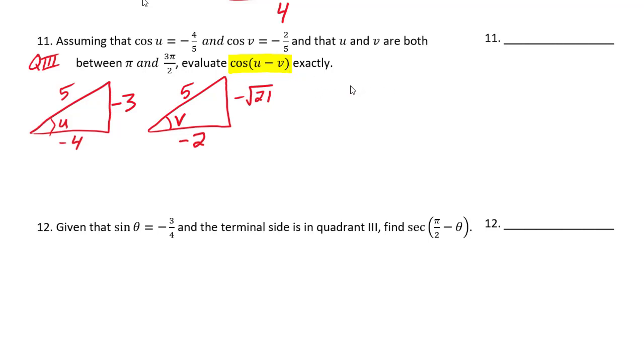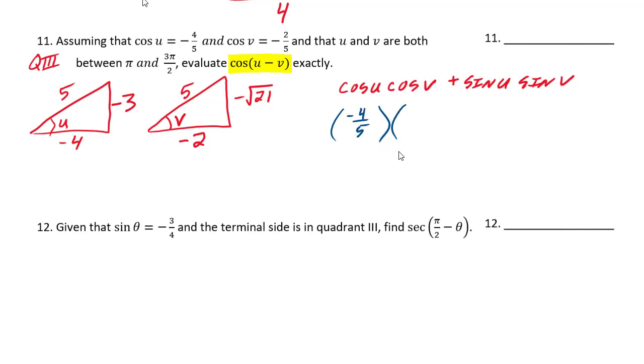Now for the cosine of u minus v, if I just write out what that formula is just using those letters, it would be cosine of u, cosine of v, minus, actually no, not minus, but plus sine of u, sine of v. I just now need to figure out what each of those ratios are and replace them with their values. So cosine of u, if I look at what we got, would be -4/5.